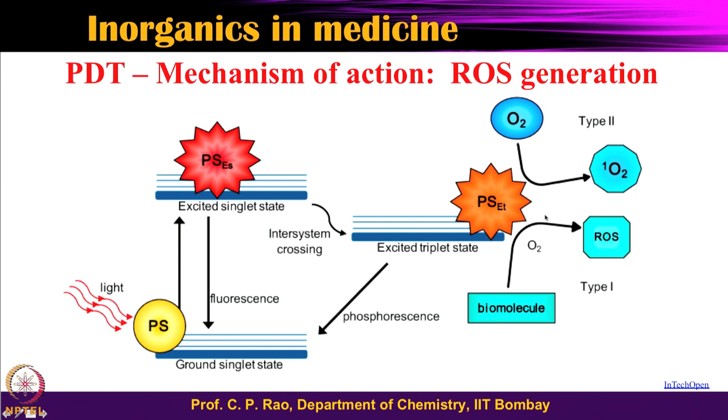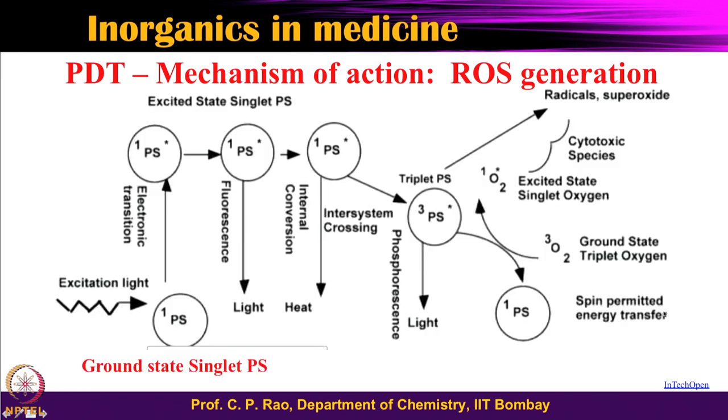So, the end result is that the excited triplet state of the sensitizer, PS EX being the photosensitizer in the excited state, okay. And here ES is excited singlet, this is excited triplet, and from there you get all this ROS generation.